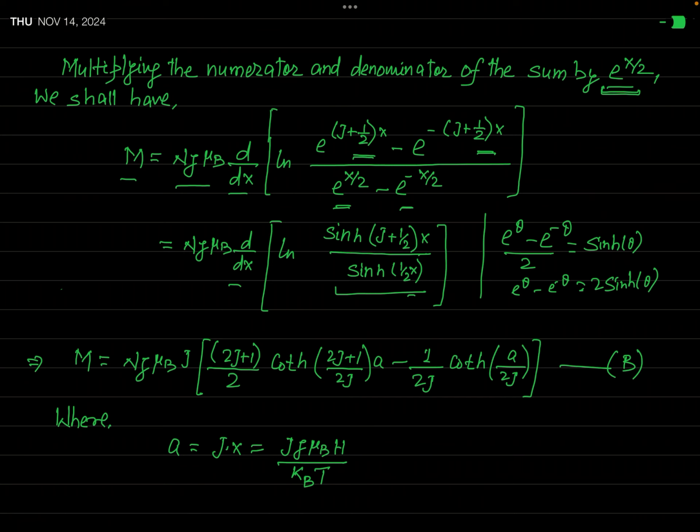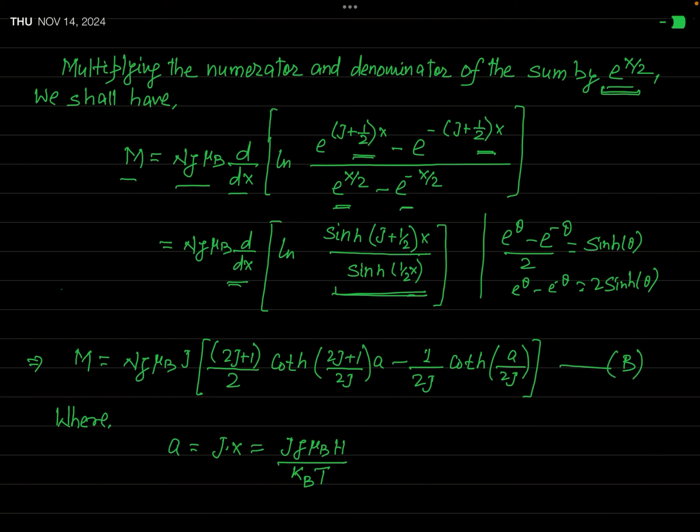Now actually we will differentiate this function, log of sine hyperbolic (j plus half) times x over sine hyperbolic half x. I have not done each and every step of this differentiation. You can do it. Log of this much should be differentiated with respect to x.